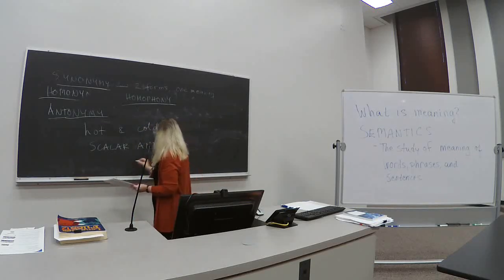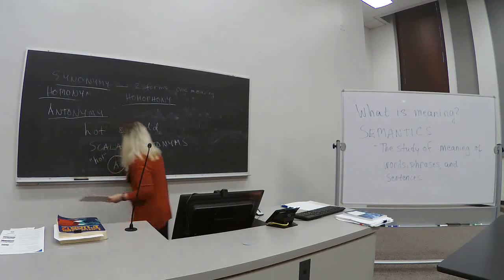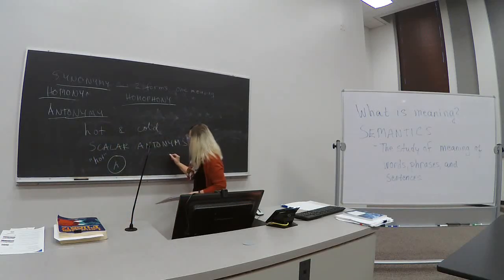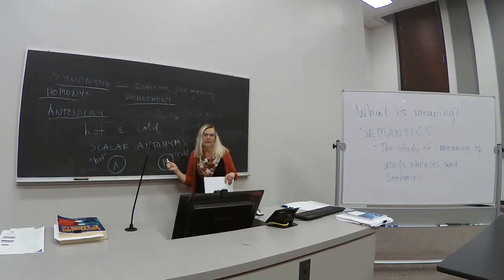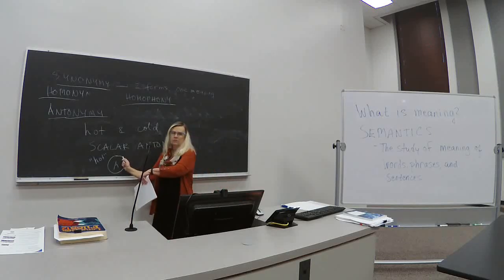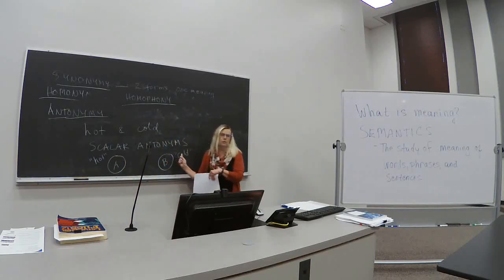Because we can do this with the Venn diagram also. So we've got set A, which refers to things that are hot, and another set B, which has all the things that are cold, okay? So it's not that we can take everything and put it into category A or category B, which is cold.